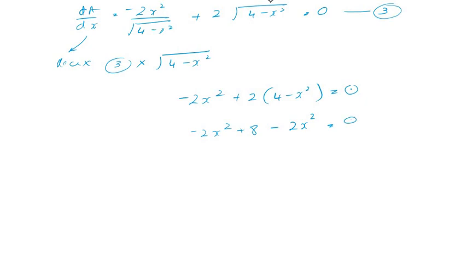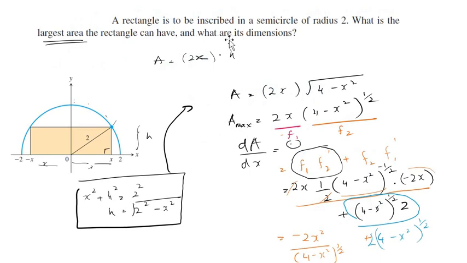We can take the 4x squared to the other side. We have 4x squared equals 8, so x squared equals 2. So x is equal to plus or minus the square root of 2. So that's the answer. Let's look at the question again.